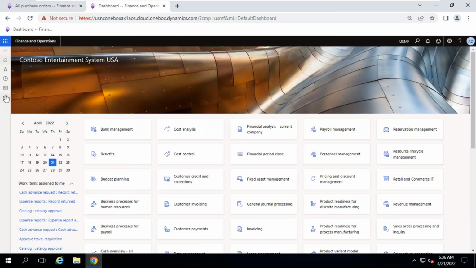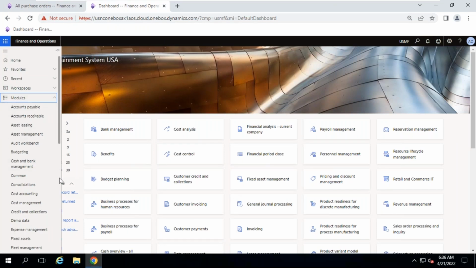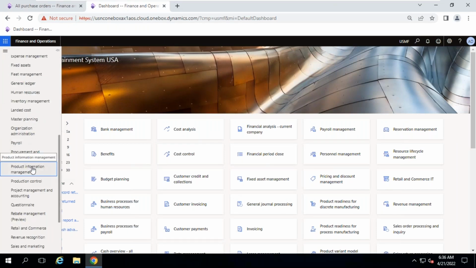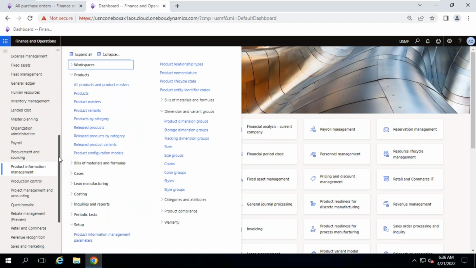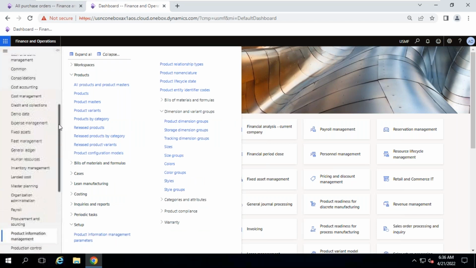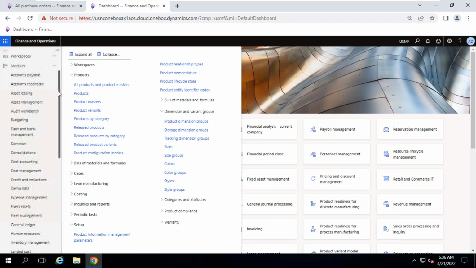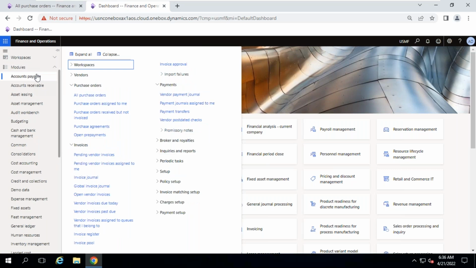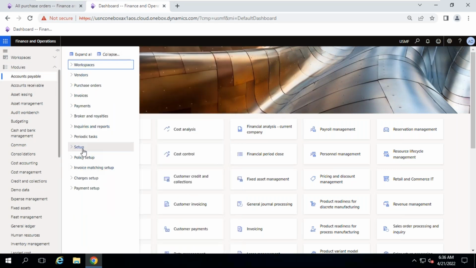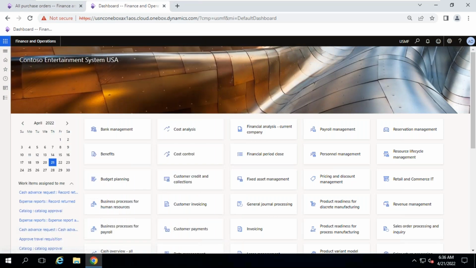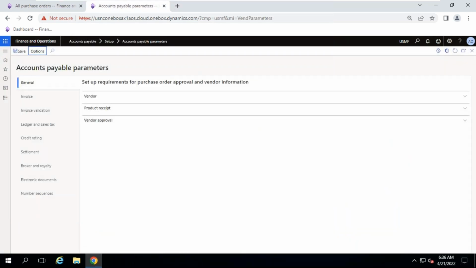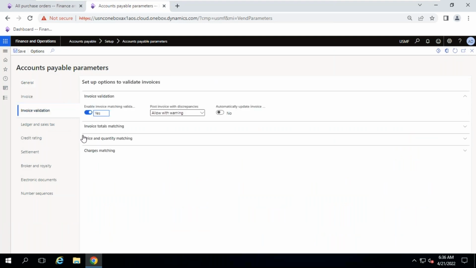So I will open released product here. But before that, let me verify one setup. Accounts payable module, setup, accounts payable parameters, invoice validation.